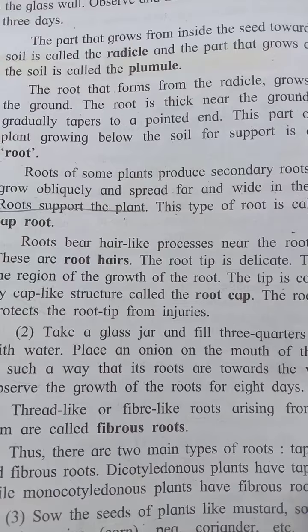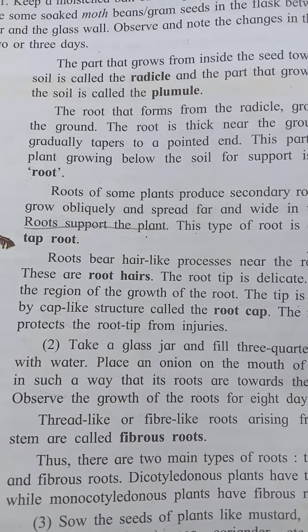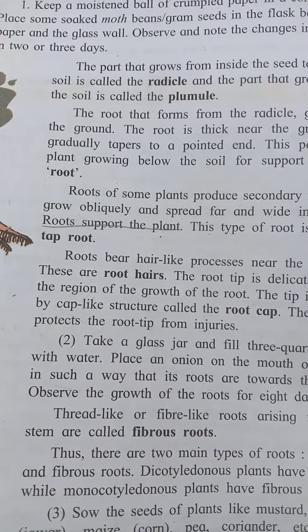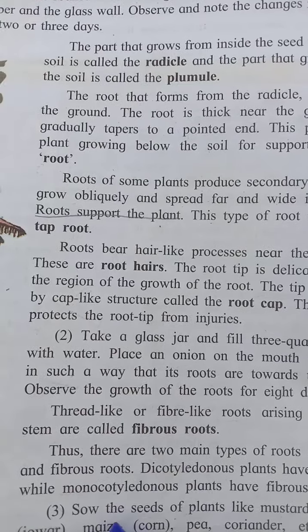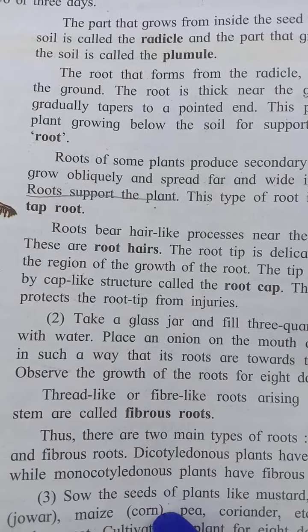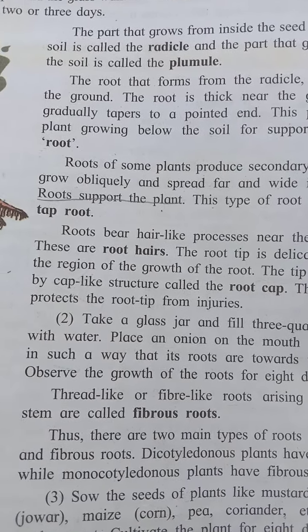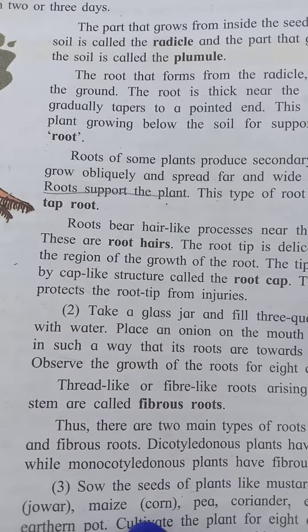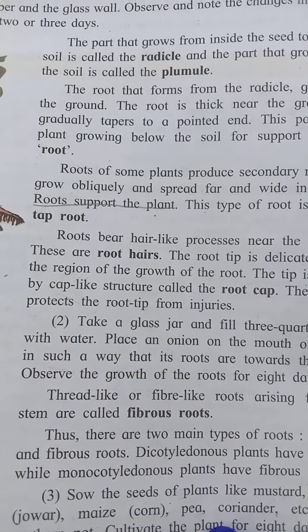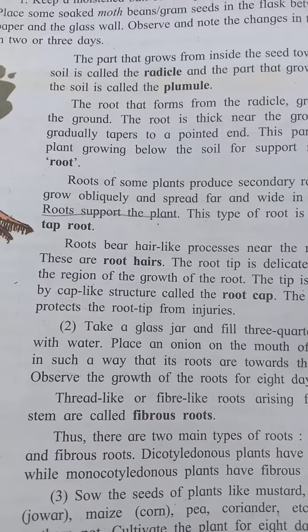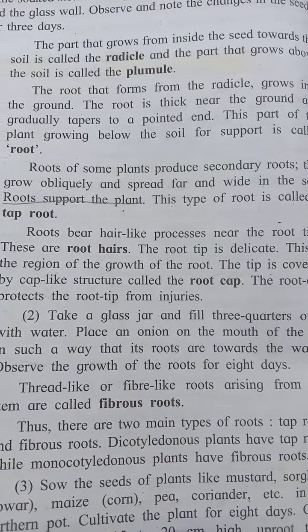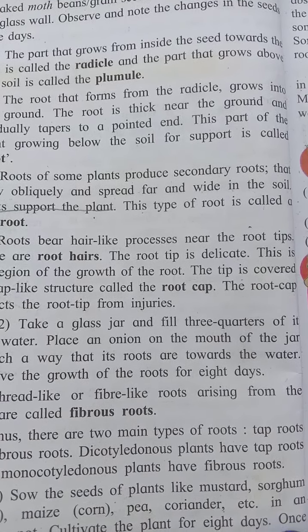Monocotyledonous seeds are like jowar and maize. The seeds of plants like mustard, sorghum (jowar), maize, corn, pea, coriander, etc. In an earthen pot, cultivate the plants for 8 days.